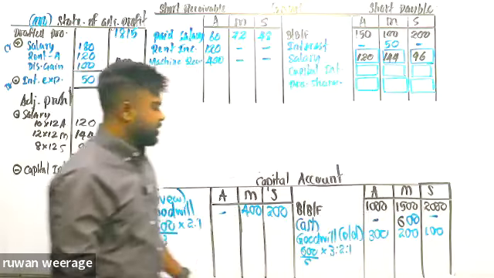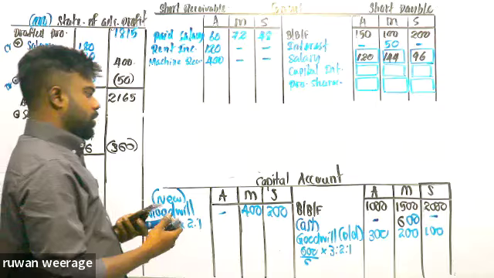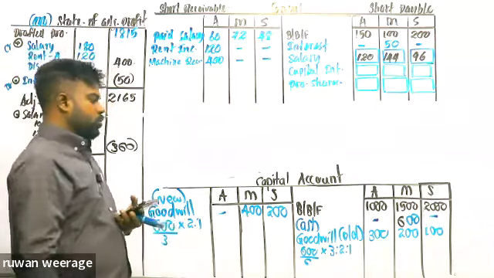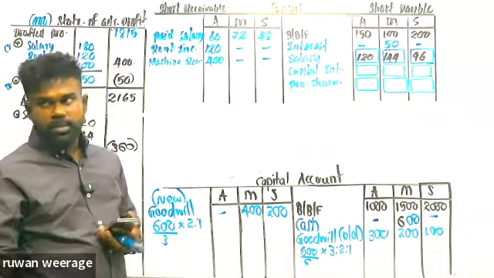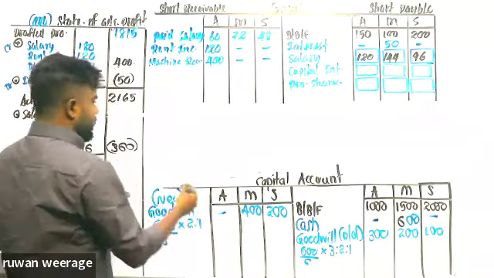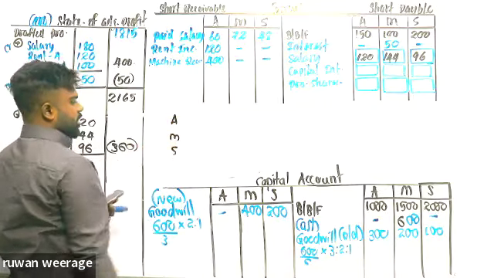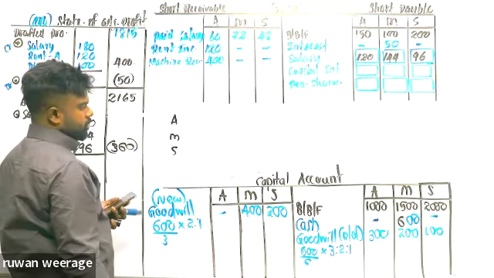But now you can't take the balances here because you have to do the retirement adjustment. So just calculate and tell me Amit, Malit and Samit adjusted balances.